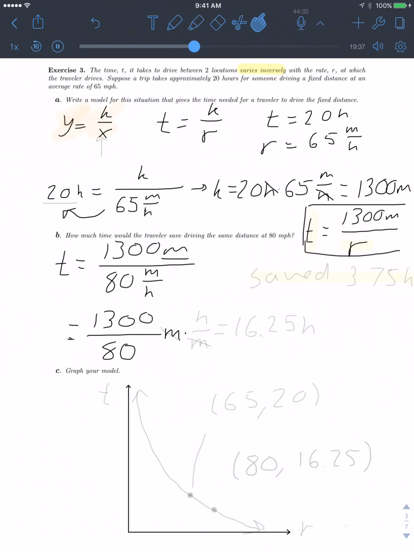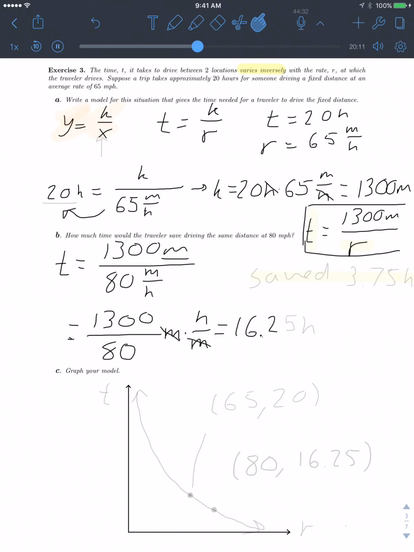And if we flip the unit from the denominator, we have hours over miles. So it's a little funny, but you can work with units just like regular fractions this way. So time should, in fact, be measured in hours, and that's what we're observing. So the time it would take to drive that distance at 80 miles per hour comes out to 16.25 hours.